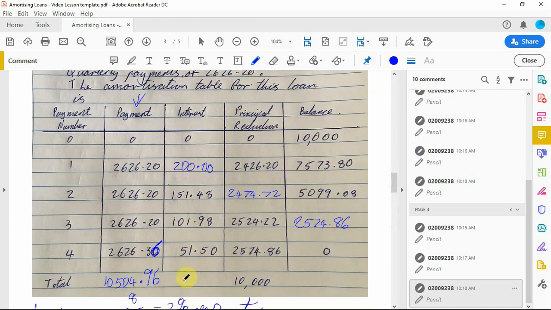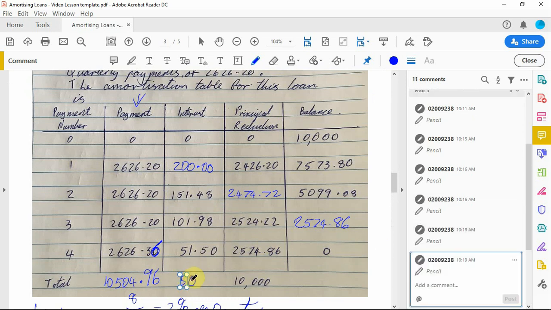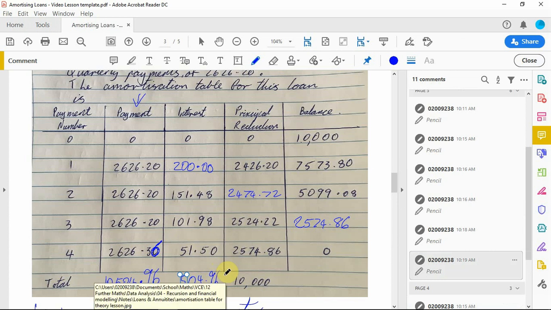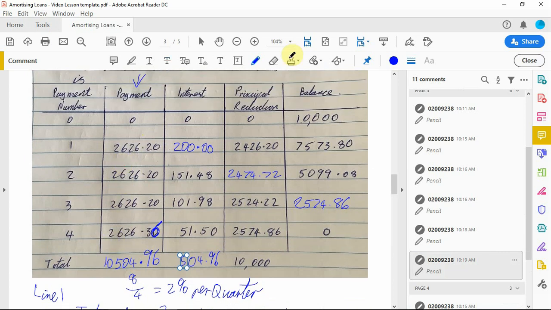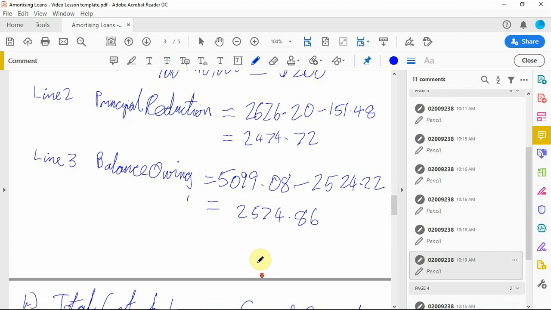If you add all of those up, that will be the interest, and it comes up to 504.96. You'd also notice when you look at your payments and the principal of 10,000, there's a 504.96 there as well.